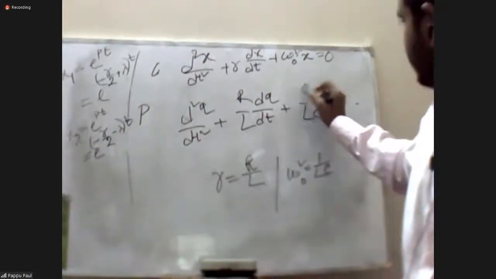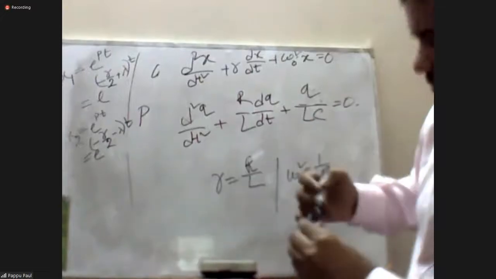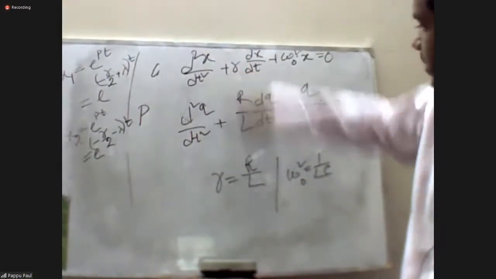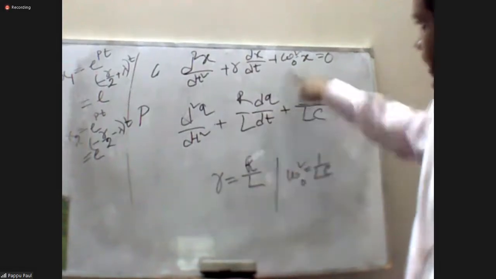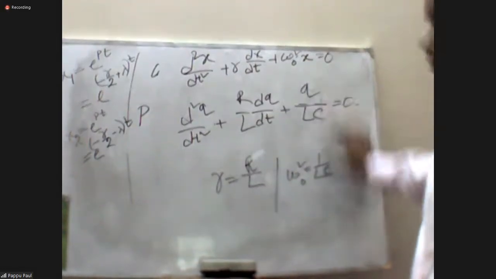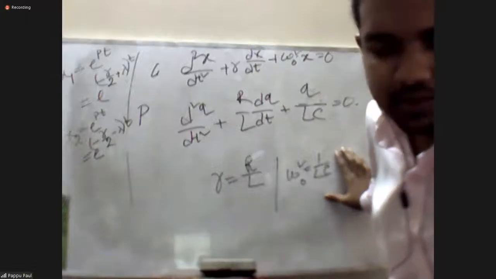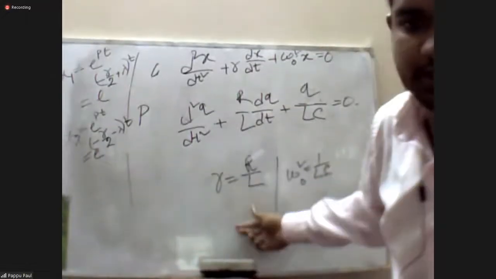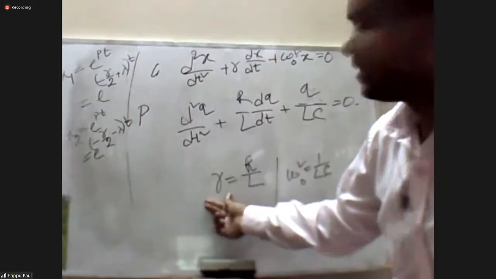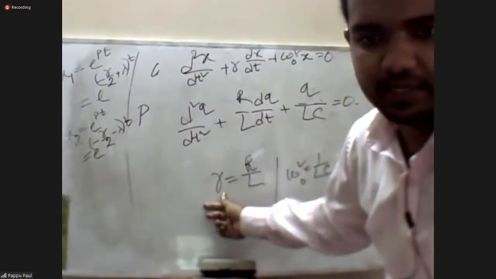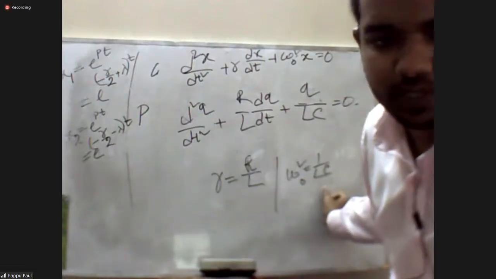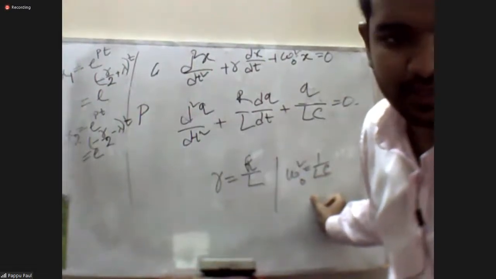Here this is q. So according to this equation, gamma is equal to R by L, and omega naught square is equal to 1 by LC. I think now everybody understands this analogy: this is the damping constant in the case of the LRC circuit, and this is the angular frequency in the case of our LRC circuit.